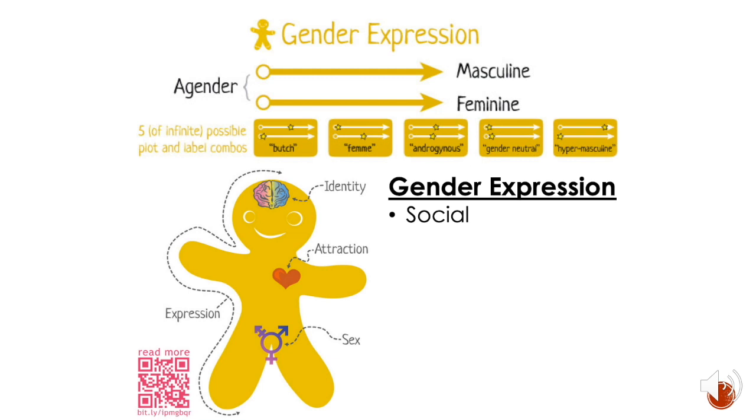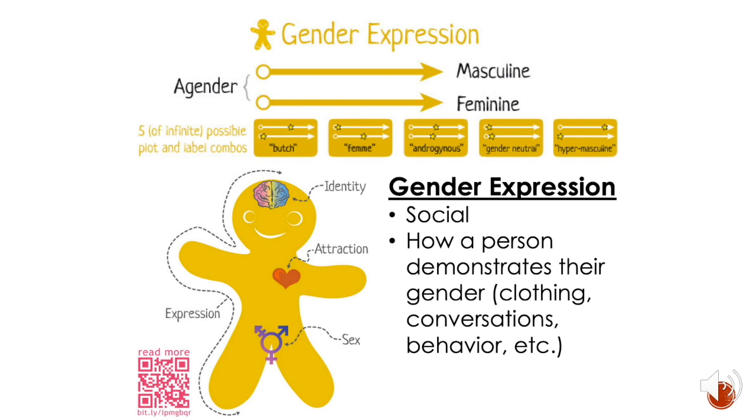Gender expression is also a social thing, and it is, again, determined by things like clothing choices, the way we speak and converse, and the way we behave. So, again, gender expression varies from society to society and culture to culture.